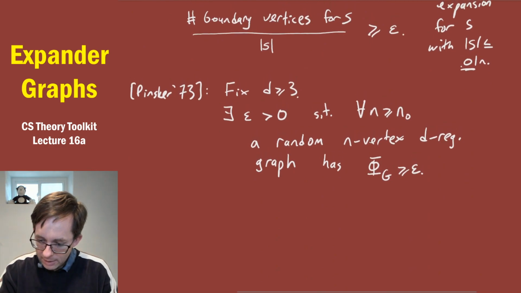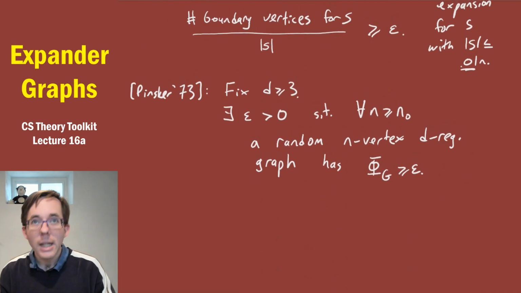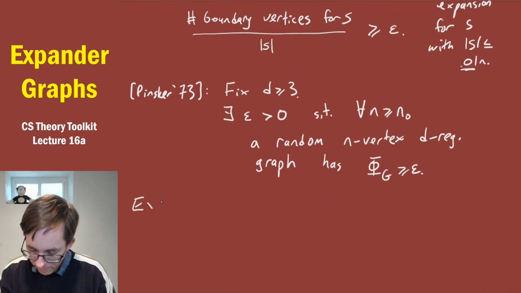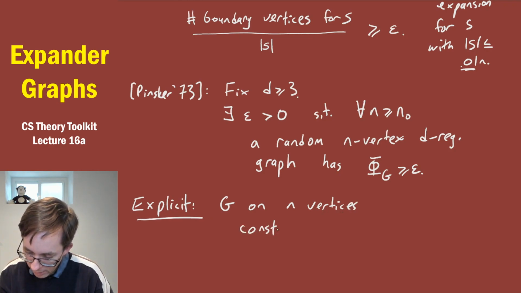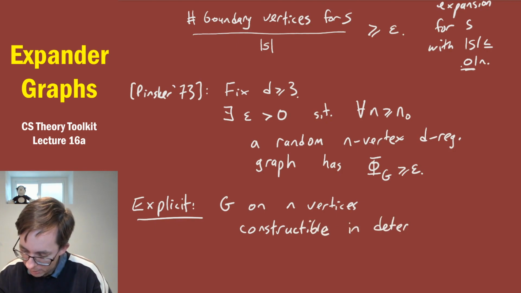Explicit means that the graph's adjacency matrix or adjacency list, G on n vertices, should be constructible in deterministic polynomial in n time.